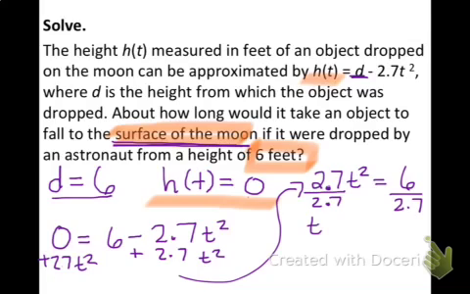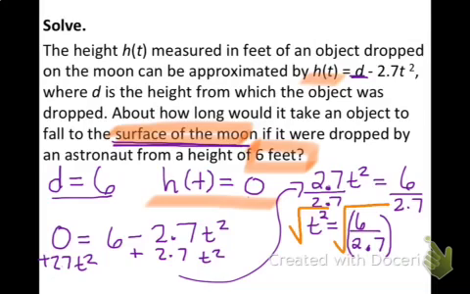Then I get t squared is equal to 6 over 2.7. And you can simplify that if you want to. I just don't have a calculator near me. And then the last step, of course, is to find the square root of both sides. Now, if you put this in your calculator, you need to put parentheses around the 6 over 2.7.